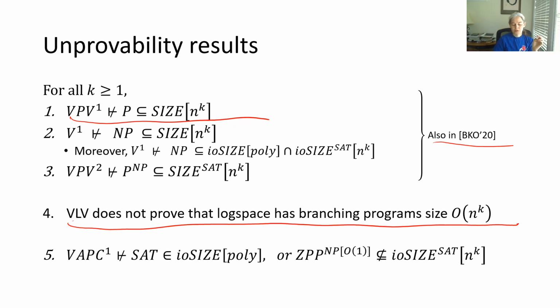And then we have some results which I don't think were there before in previous work, for probability in VAPC1. So remember, VAPC1 can pretty much do all of complexity theory. And yet there are things that it cannot prove. Well, maybe it cannot prove them because they are false.